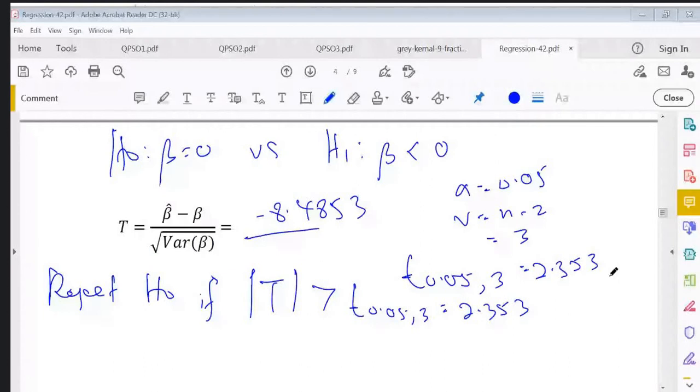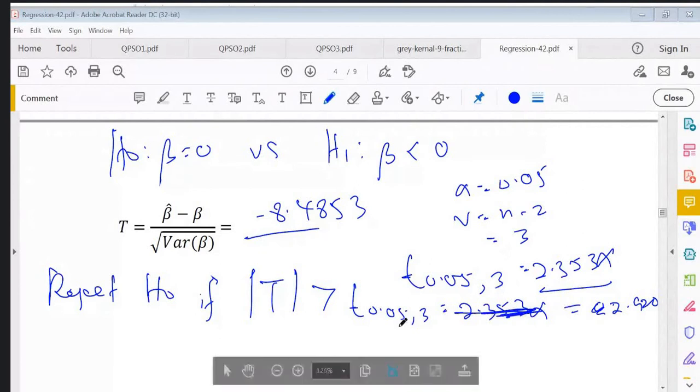This one is wrong. The answer is 2.920. For this one alpha need not be divided by 2. If we divide by 2, we would not get this T value. So for this one we reject.